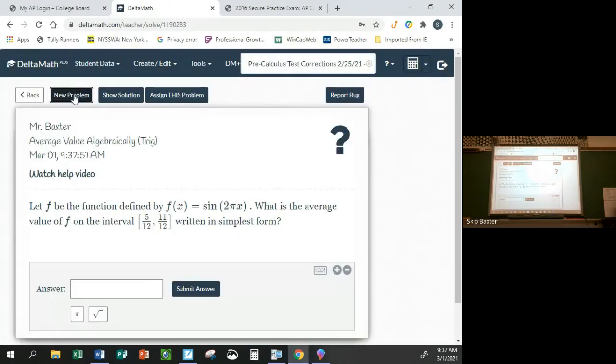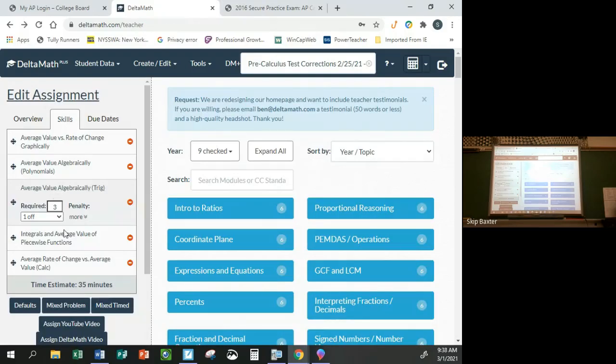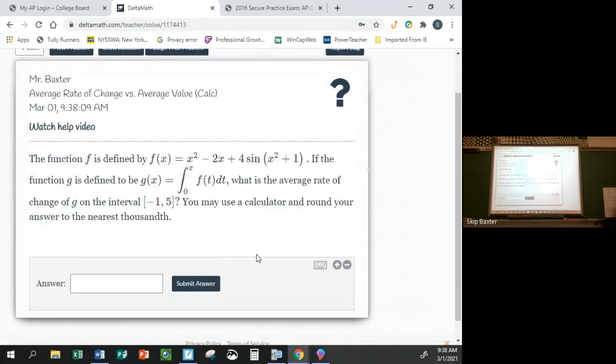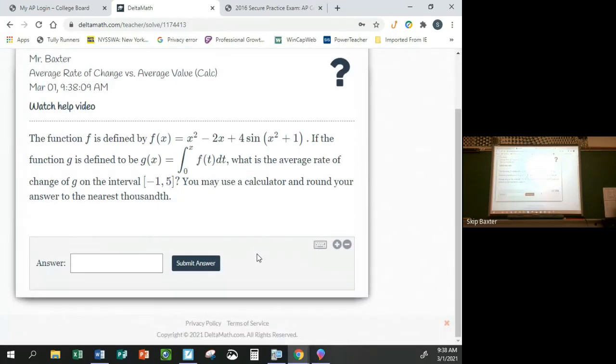Go back to the last section, I think. Which section? The average rate of change. This one? Yeah, that one. Oh, I got you. Okay. All right, so we want to do this one?